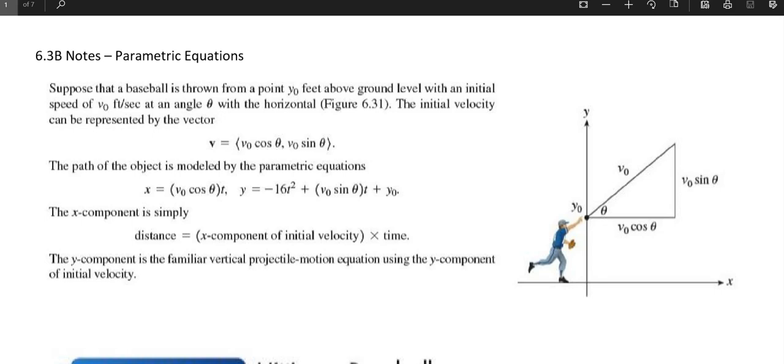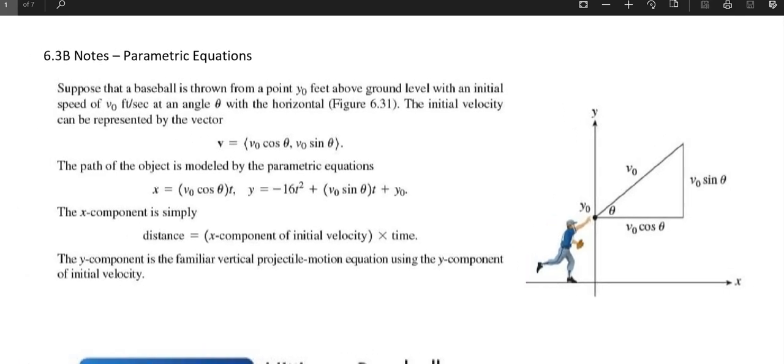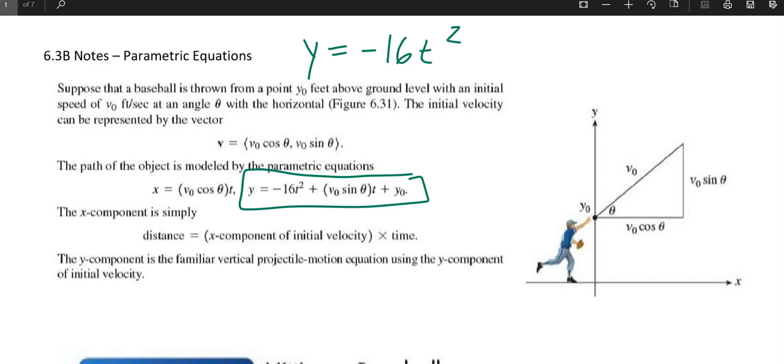So part of this equation right here should probably look familiar to you, except it looked more like this. Negative 16t squared plus the original velocity times the time plus the original height.